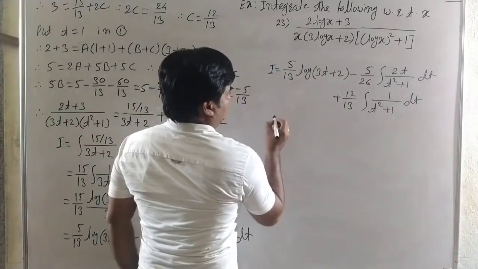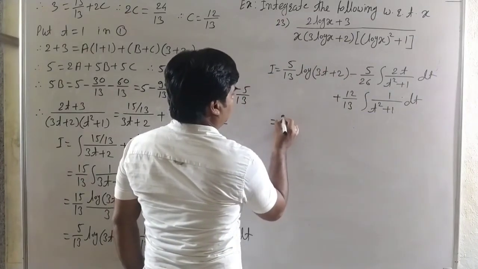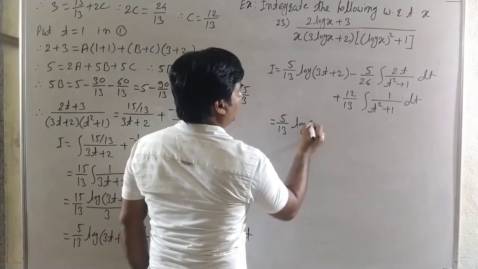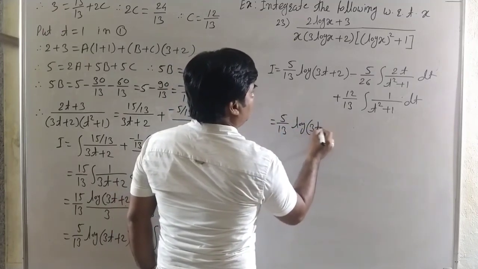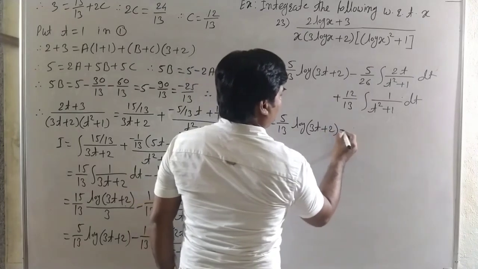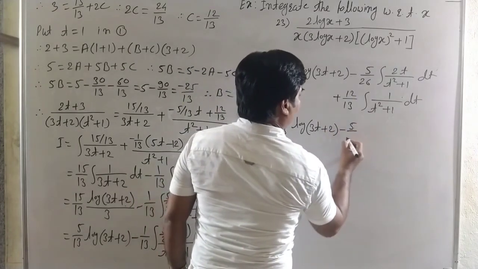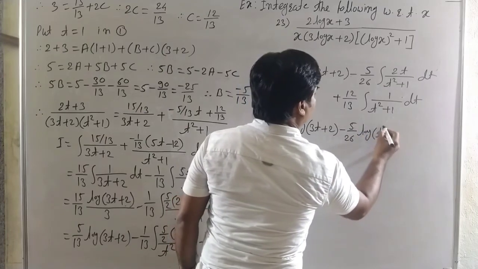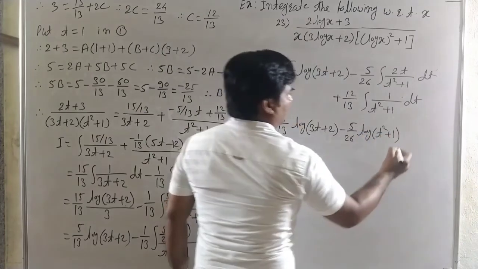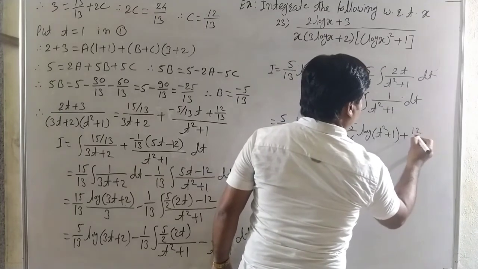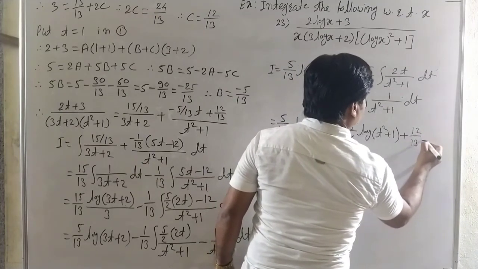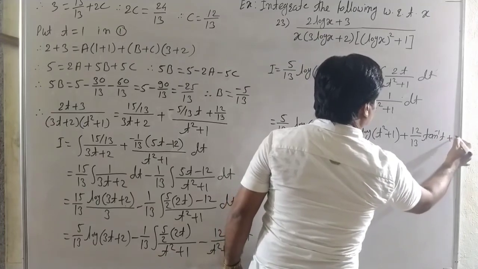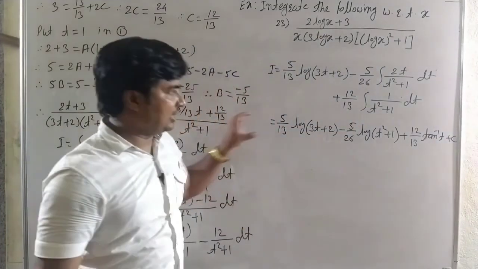Okay, now the last answer will be 5 by 13 log of 3t plus 2 minus 5 by 26 log of t square plus 1 plus 12 by 13 tan inverse t plus c. It is the last answer.